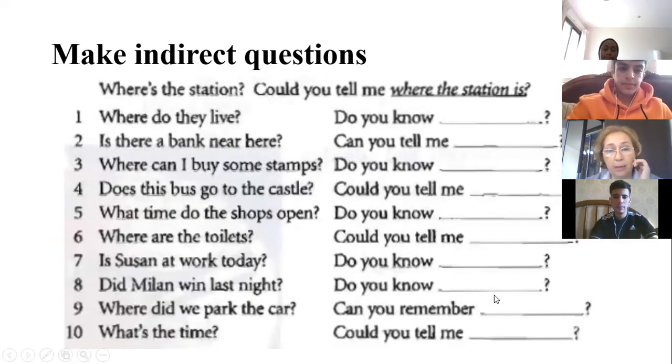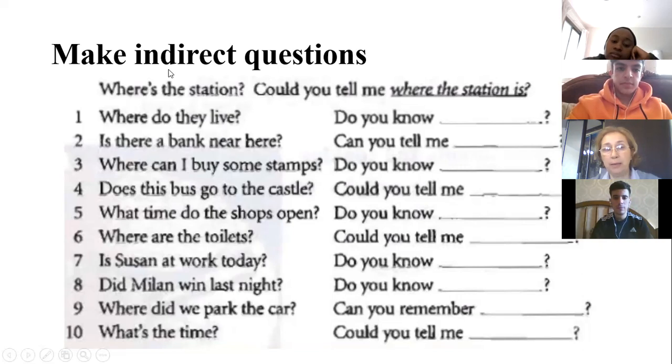So now let's have a look at the practical exercise. There is an example. Where's the station? This is a direct question, and if we change it into an indirect question, it will be, could you tell me where the station is?